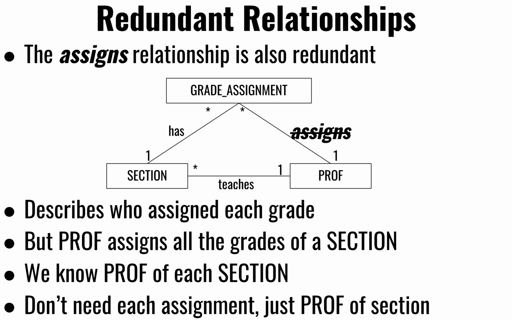If I leave it there, I can answer the question, who assigned it? I can either go this way, or because I know that a section only has one professor, I can navigate to the section and then navigate to the professor. So there's two ways that I can answer that question. Who assigned it? If you can answer the question in two different ways, it's redundant.